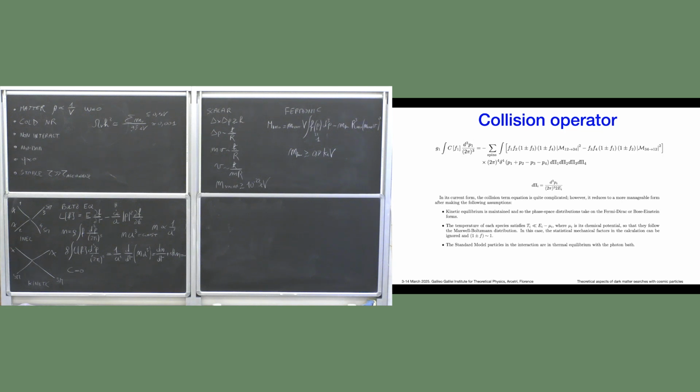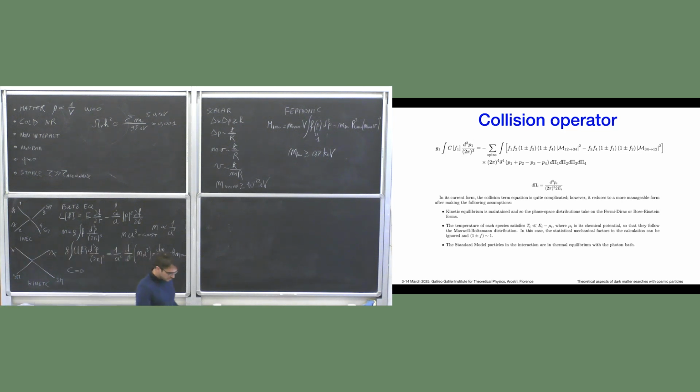The second is that we can forget about Fermi and Bose statistics, and we can just assume a Maxwell-Boltzmann distribution. And this is fine as long as the occupation number of dark matter is not that important. And so we can approximate these factors with 1. And then standard model particles are in thermal equilibrium with the photon bath.